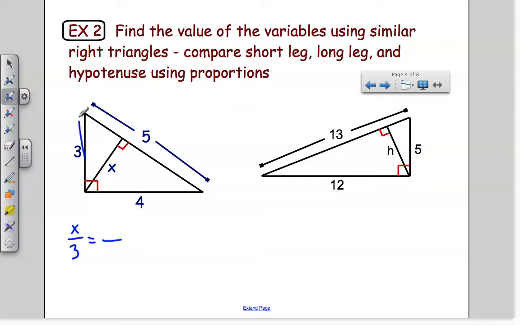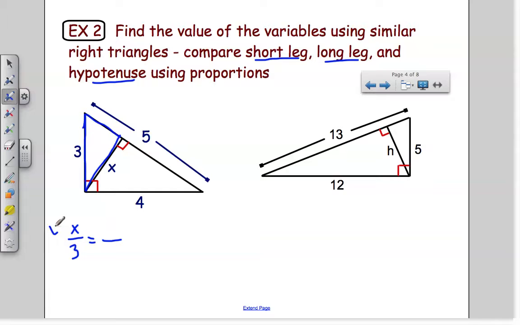Now if I pick x with 3, x and 3 are both in this triangle right here. Now I have to identify, am I talking about the shorter leg, the longer leg, or the hypotenuse for each of those parts? What is x for this triangle? Is it the shorter leg, longer leg, or hypotenuse? Well, it's definitely a leg because it's next to this right angle, and I would say it's the longer of the two legs.